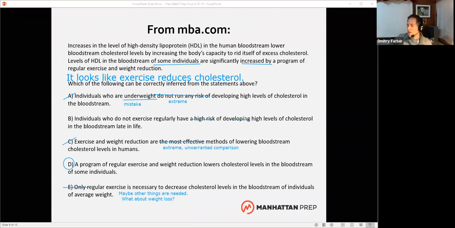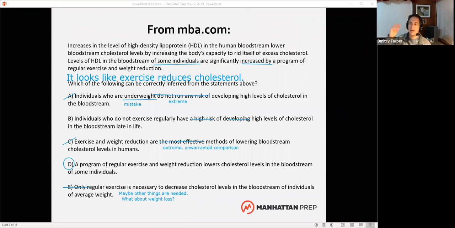It brings it down, but does that mean that you'll be at a particular risk, right? So for instance, let's say that studying for the GMAT improves your eyesight. I don't know why. Let's say it does. But does that mean that people who don't take the GMAT or don't study for it are at risk of having poor eyesight in late life? No, they're just not going to get the benefit, right?